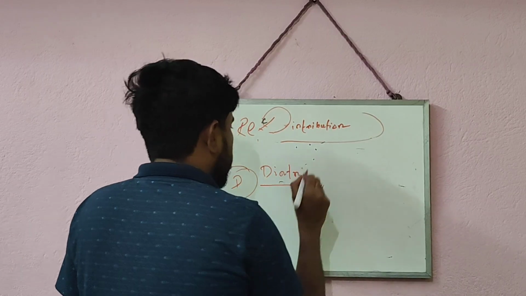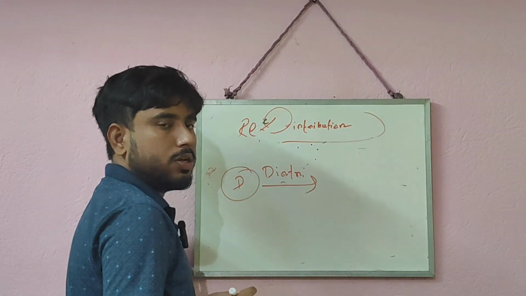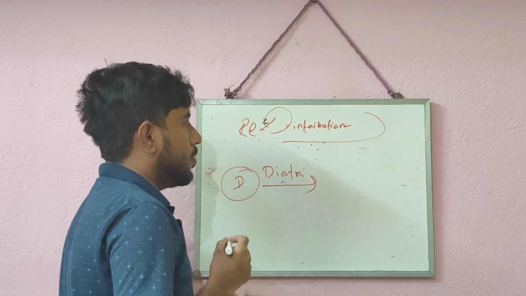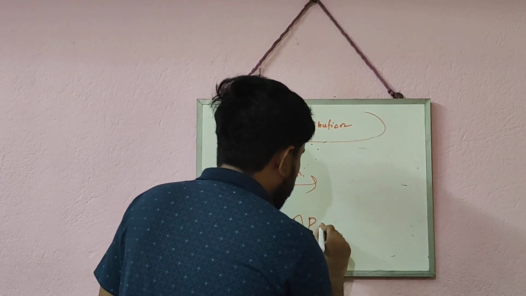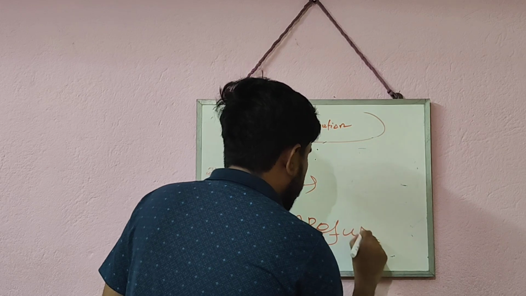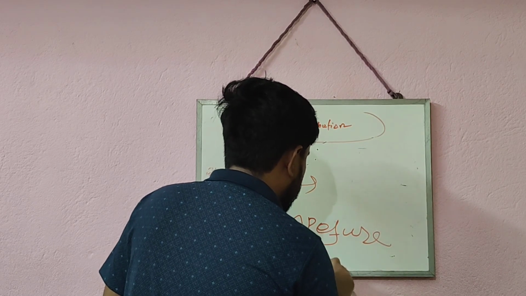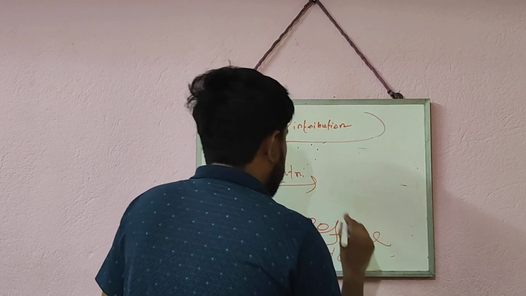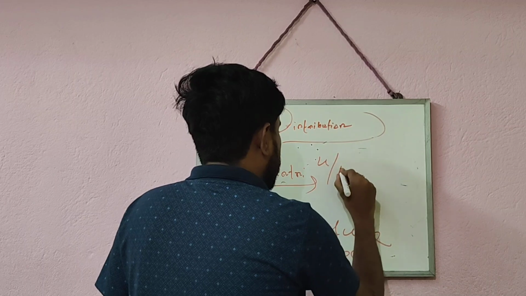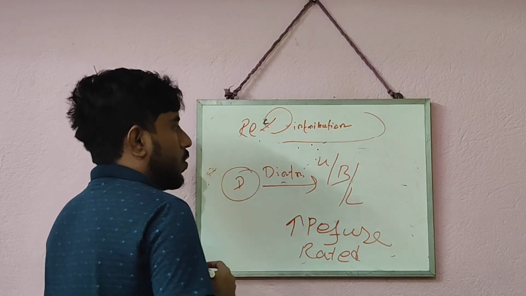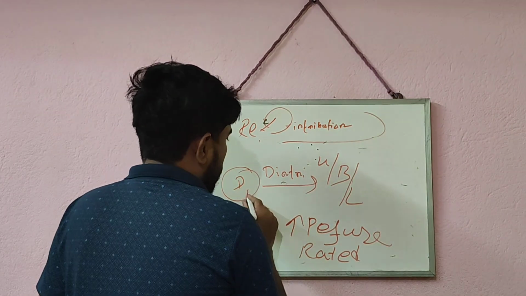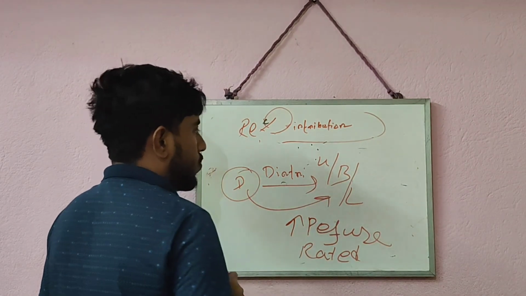In distribution, as I have told, it will reach different tissues, cells, different organs. First, they will go into highly perfused organs, that are the kidney, brain, liver, and all other important organs. So by distribution, the drug will reach those highly perfused organs.